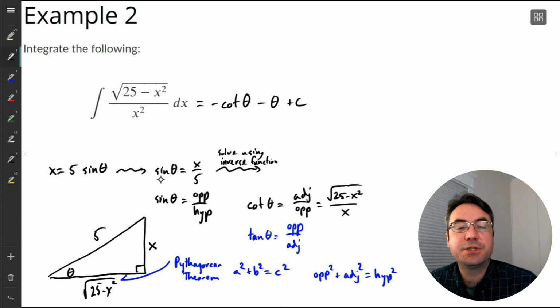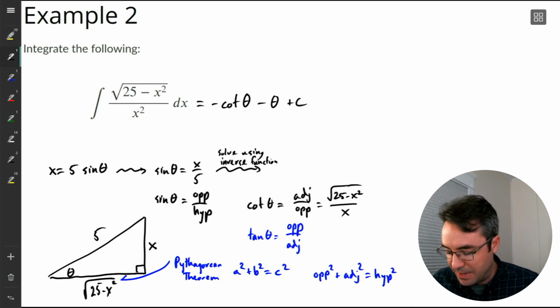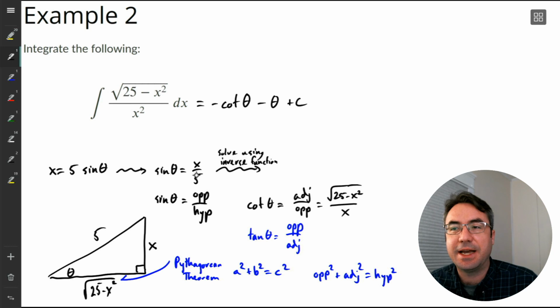So we have this equation, sine of theta is equal to x over 5. Well, we have an inverse sine function that allows us effectively to move this side. We really want to solve for theta here. So we want to somehow get this sine expression on the other side.